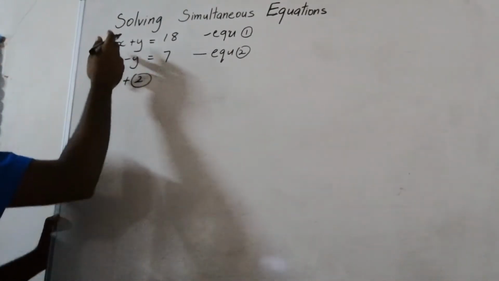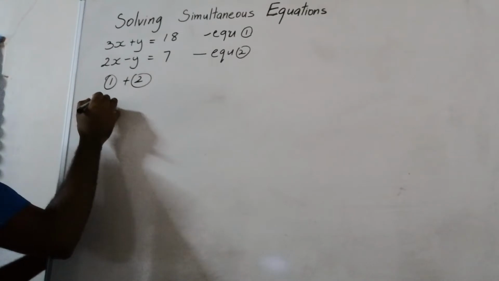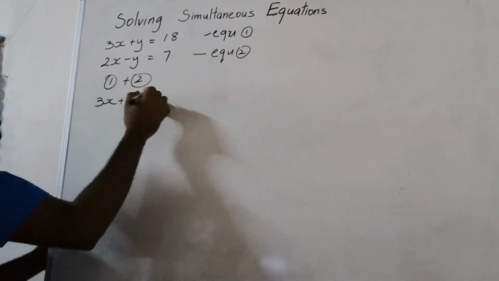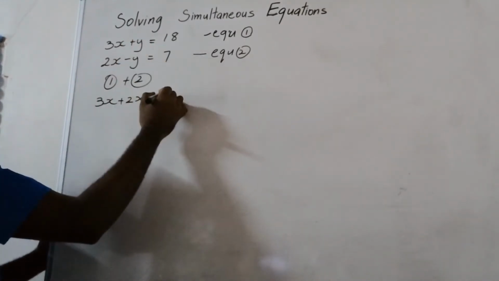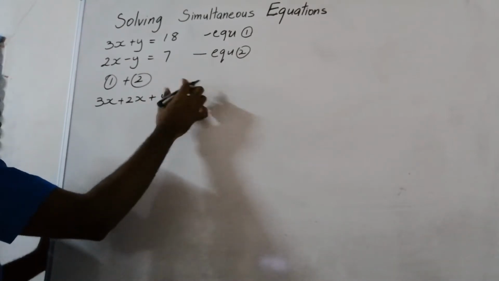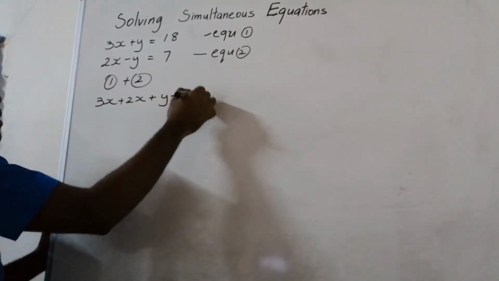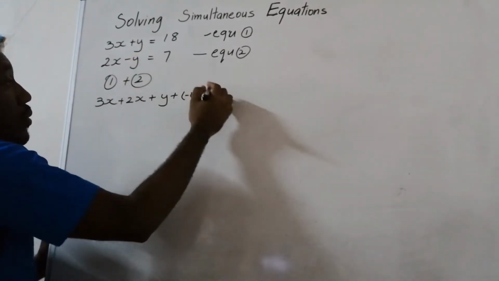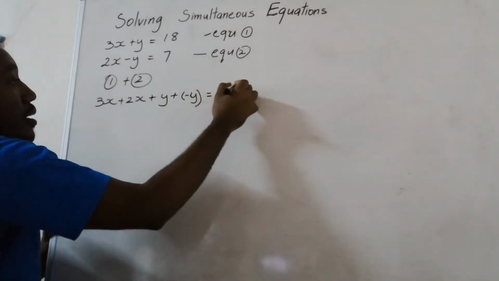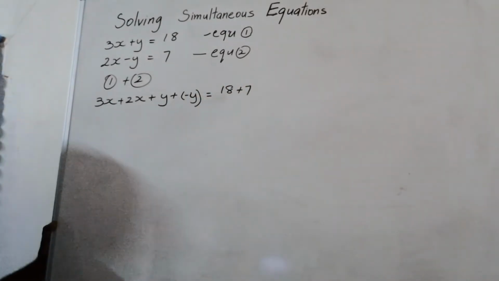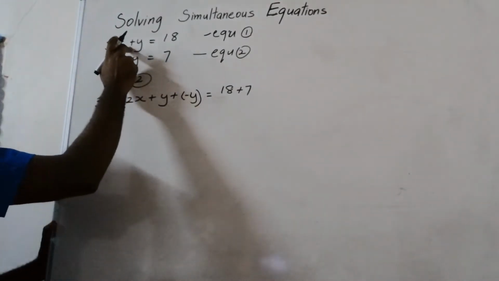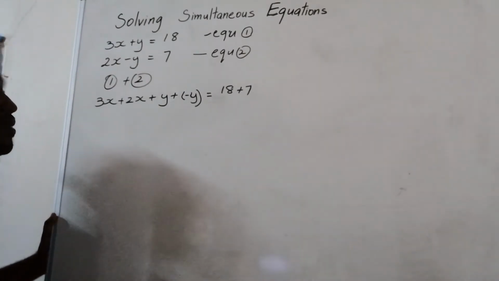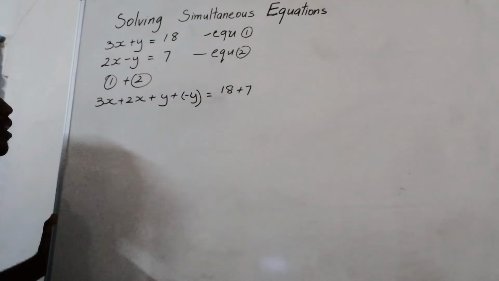So we're adding 3x and 2x, plus y plus minus y, and over here we do the same, which is equal to 18 plus 7. We said that if the signs are different, we add the two equations. And just to note, if the signs are the same, we subtract the two equations.